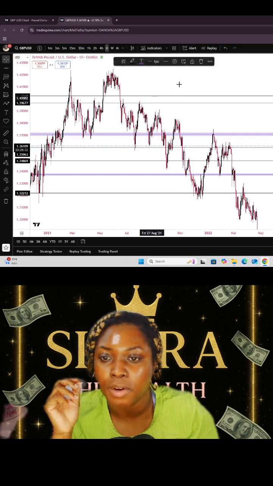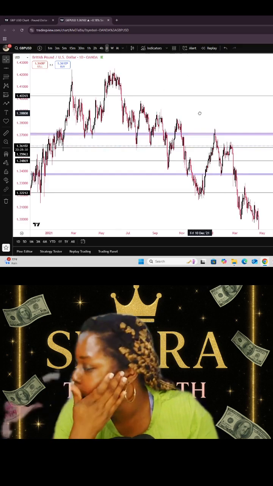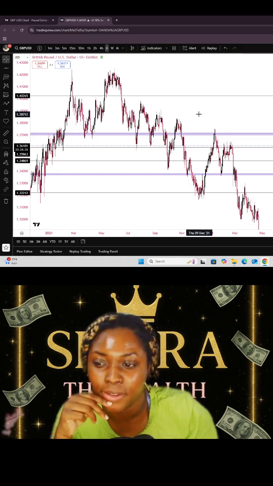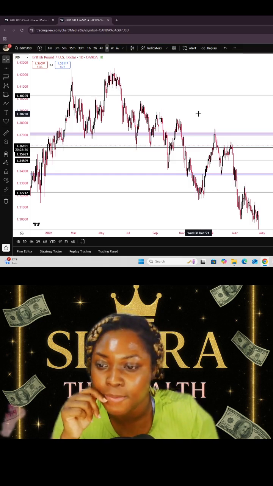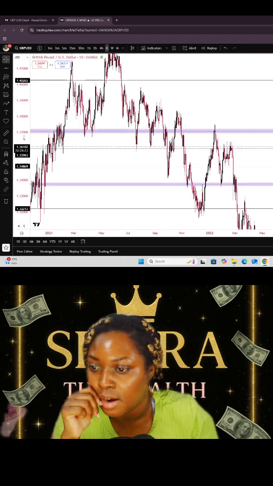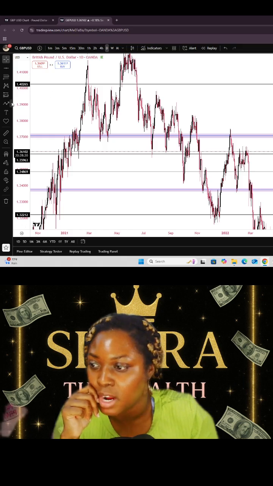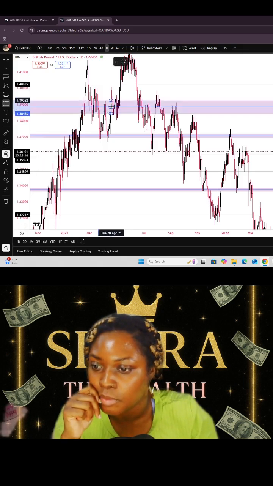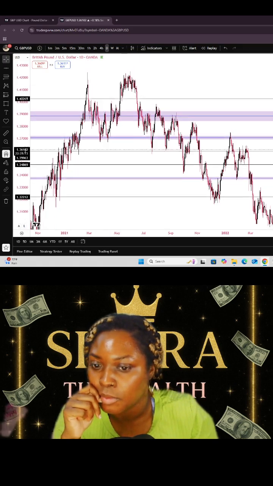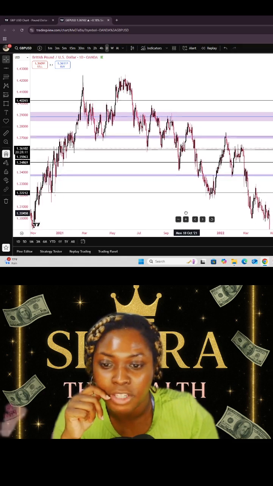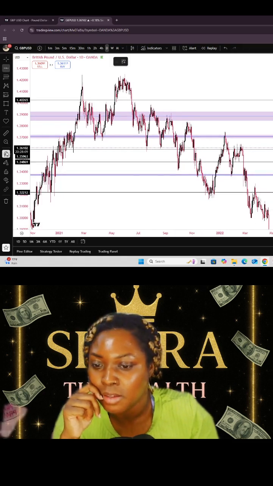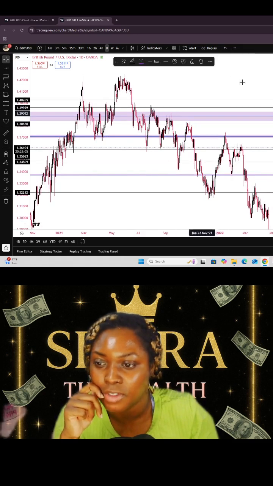But what we want to find is the rejection point with the most rejections, okay? And I see a fair value gap right here. All right. And you see how that makes more sense than all of this noise.